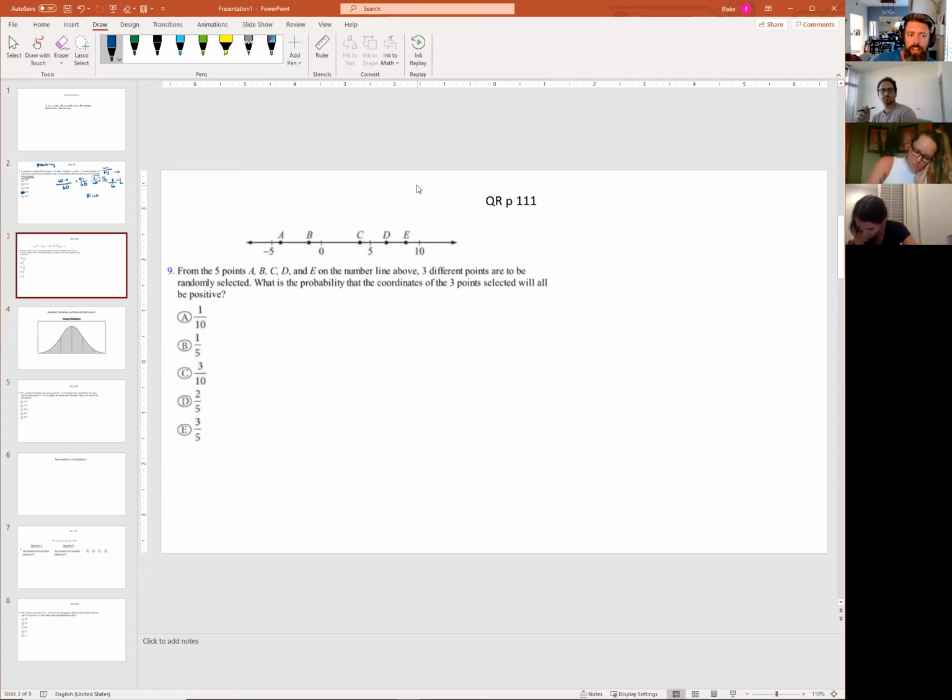What's the probability that if we pick 1 point, just any 1 point, that it's going to be a positive number? Because instead of 3 different points randomly selected, let's just say from the 5 points, 1 is randomly selected. How do we figure out the probability of that?